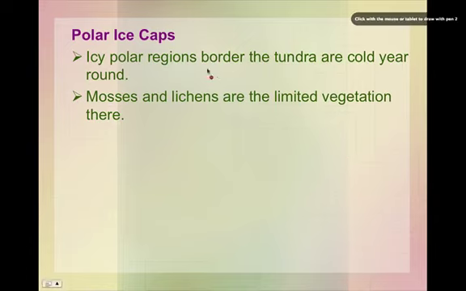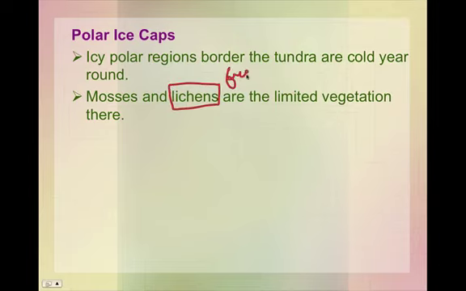So lichen is a vocabulary word that you've seen before. Lichen is a combination of a fungus and an algae. And that's what grows on those icy polar regions.